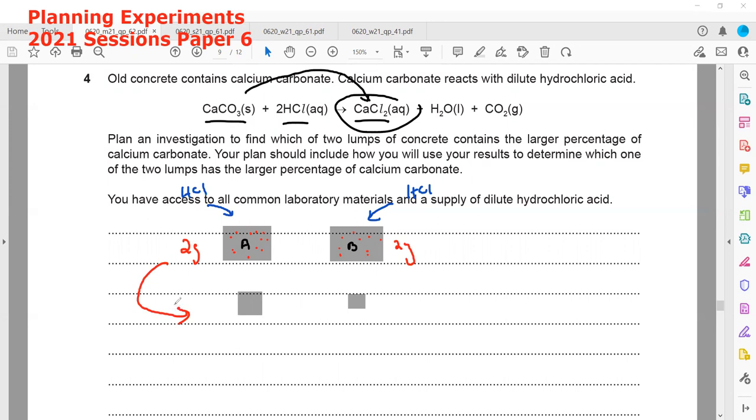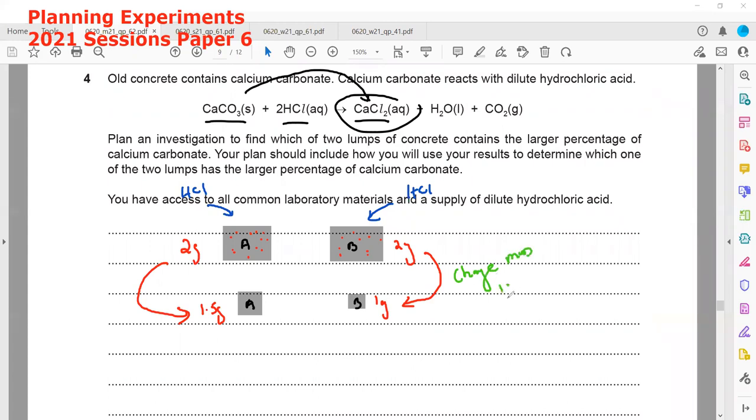Once we carry out the reaction, we add hydrochloric acid, then filter, dry, and reweigh. Say the mass after the reaction is 1.5 grams for sample A, and 1 gram for sample B. Because the calcium carbonate is reacting with hydrochloric acid, the one showing a greater change in mass contains a greater proportion of calcium carbonate.